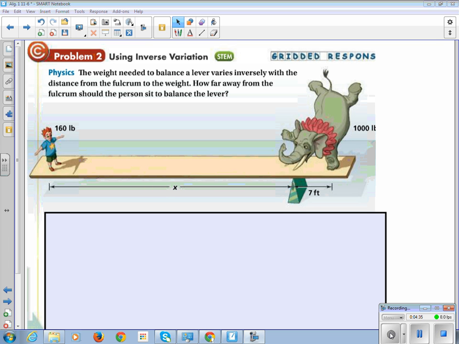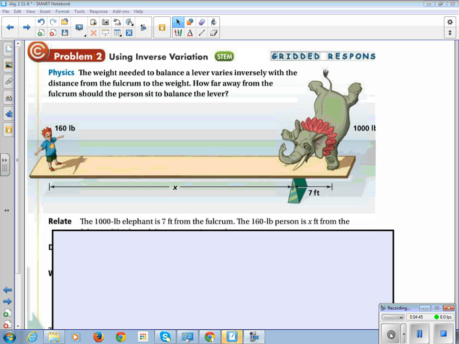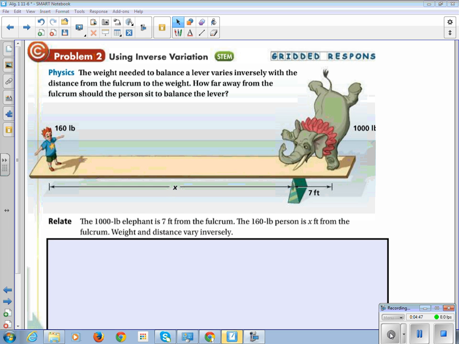He is x distance away from the fulcrum. And our elephant is 1,000 pounds, and he is 7 feet from this fulcrum. So our 1,000-pound elephant is 7 feet away, and our 160-pound person is x feet away. The weight and distance vary inversely.